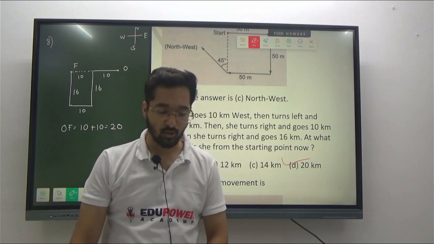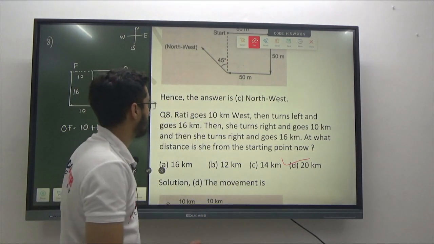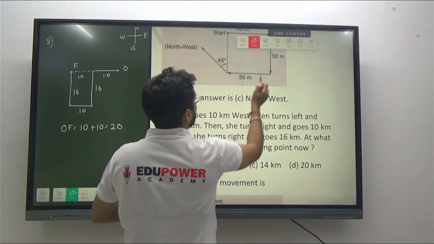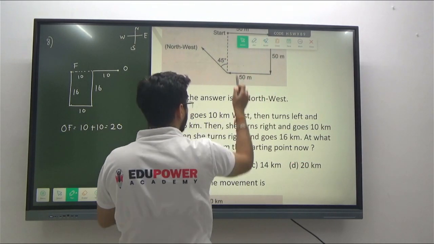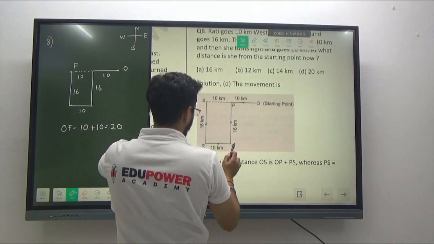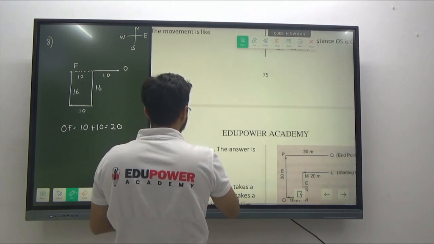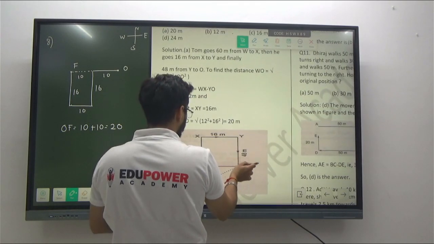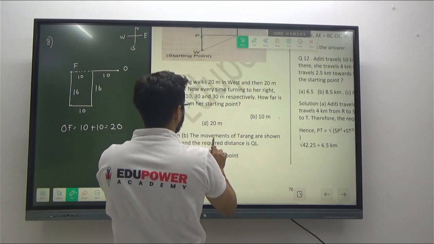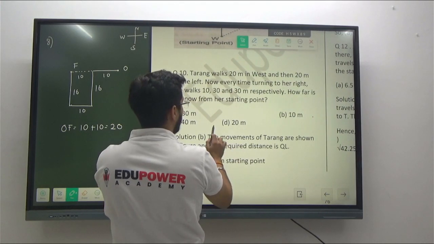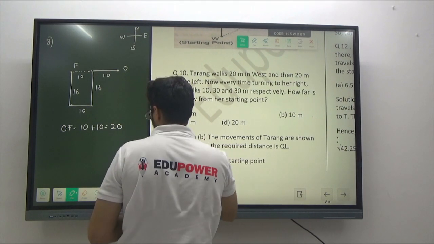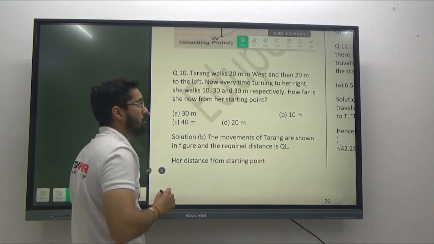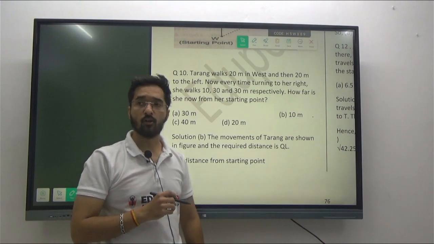Coming on to next question, which is question number 10. Tarang. Question number 10. Tarang walks 20 meter in the west and then 20 meter to the left.